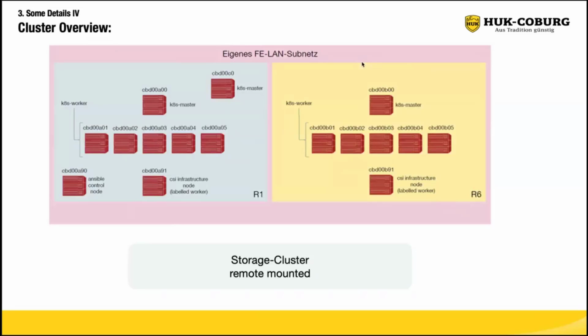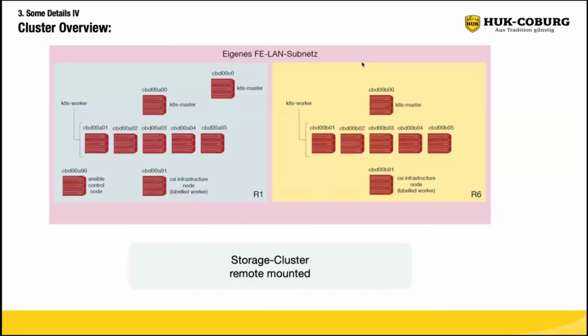Here is the view of the current status of the Kubernetes cluster. You see at the top of the slide the manager nodes in the Kubernetes cluster for etcd and so on, in the middle the workers distributed across 2 sites, and on the bottom 1 Ansible control node and 2 infrastructure nodes, where we use the quorum functionality in Scale and the attacher and provisioner distribution.